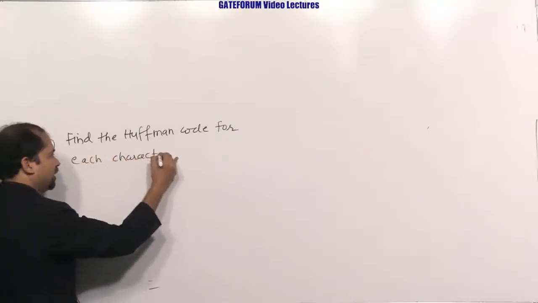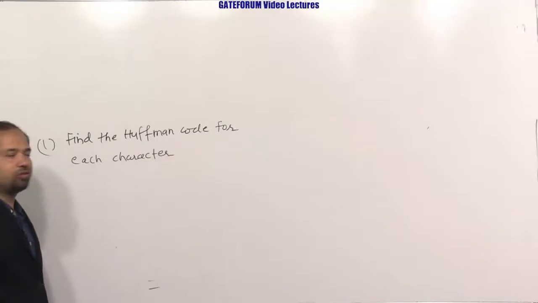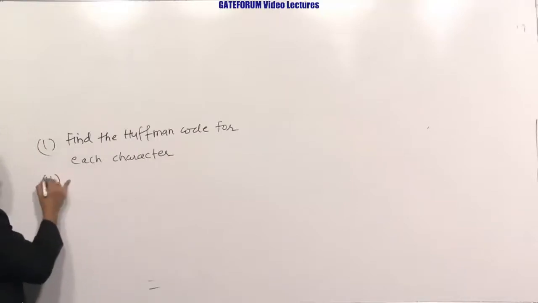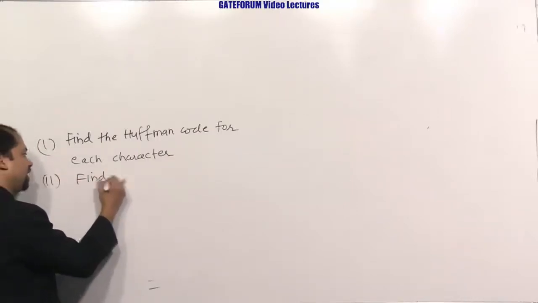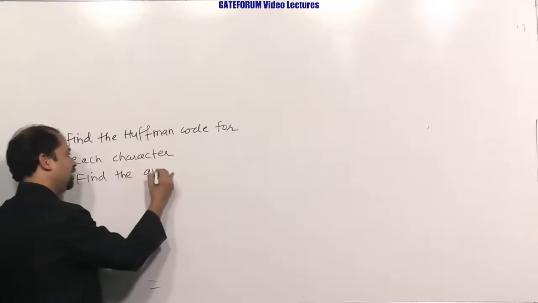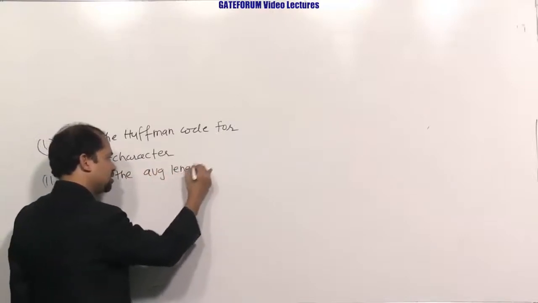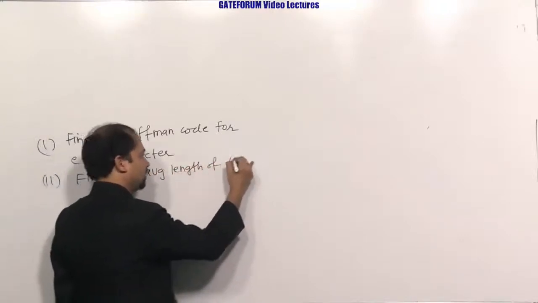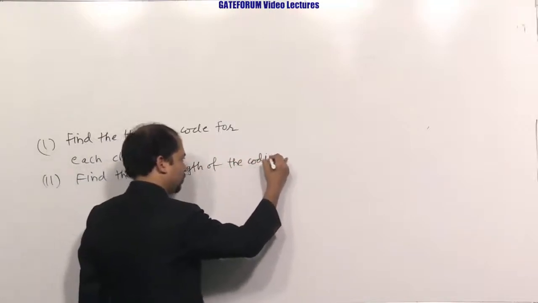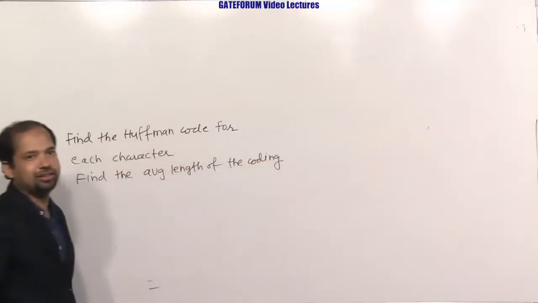And the moment you get the Huffman code for each character, find the average length of the coding.